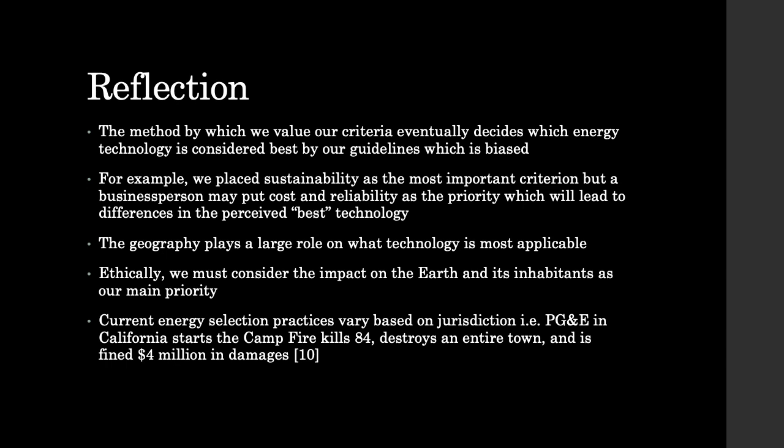For example, PG&E in California started the Camp Fire, which killed 84, destroyed an entire town, and was only fined $4 million in damages. So for a group like that, cost would be considered their main priority. However, new developments in the solar industry have shown us that there are other more important criteria to suggest, such as sustainability and human impacts.